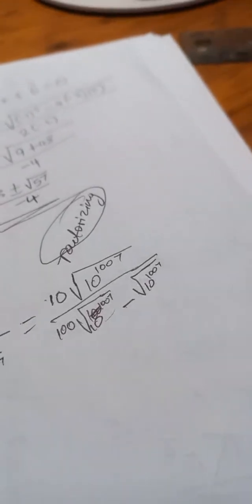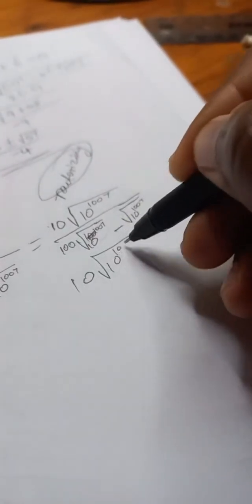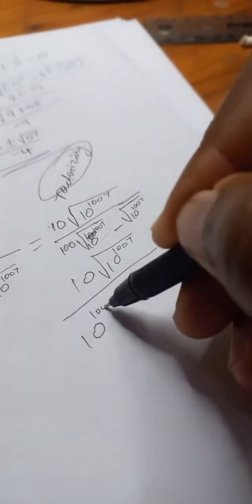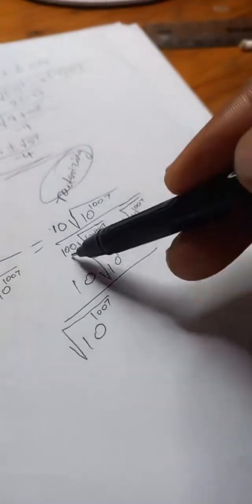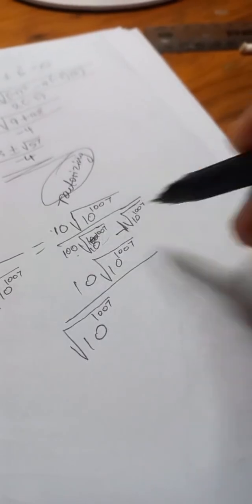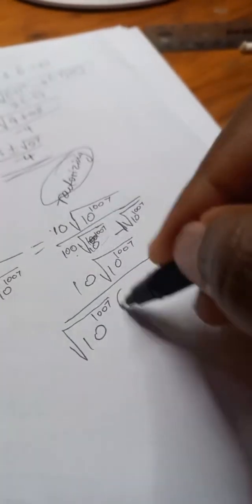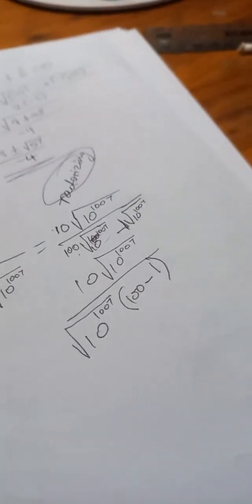So we are going to remain with 10 times square root of 10 to the power 1007, all over square root of 10 to the power 1007 times open bracket 100 minus 1 close bracket.